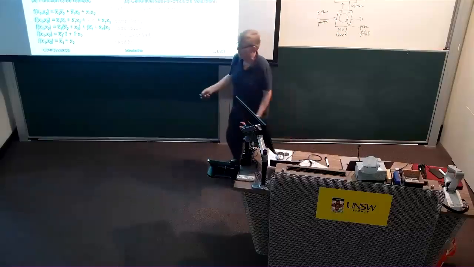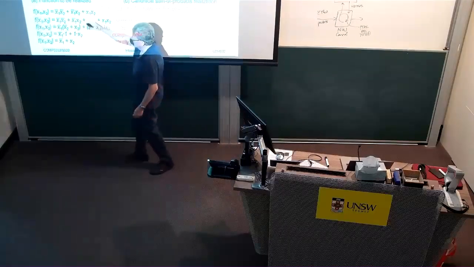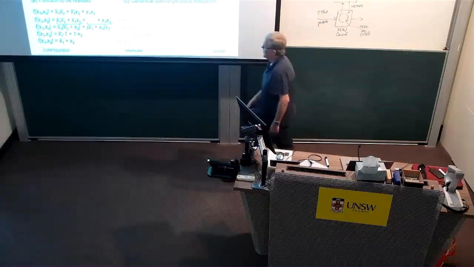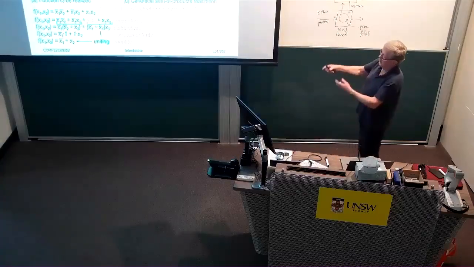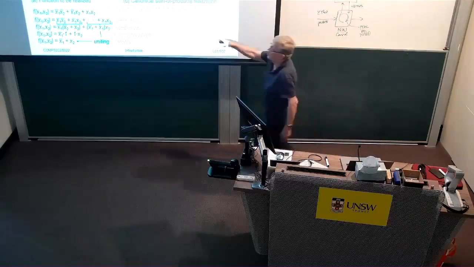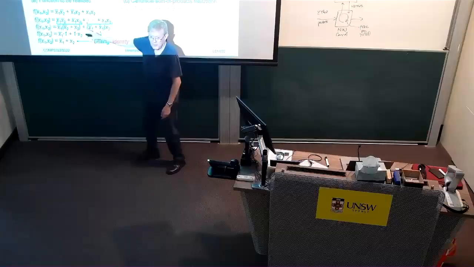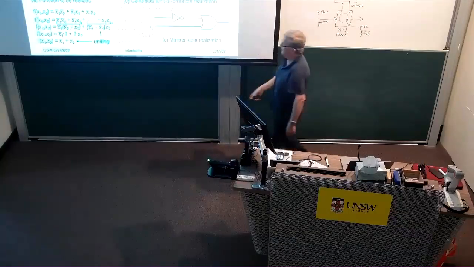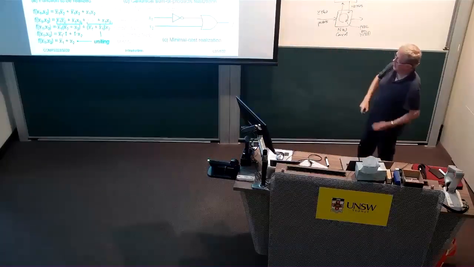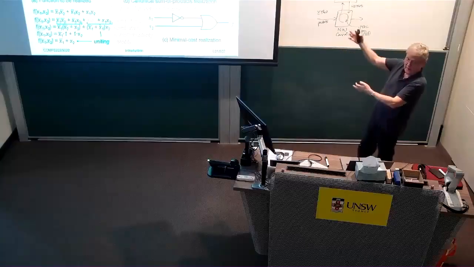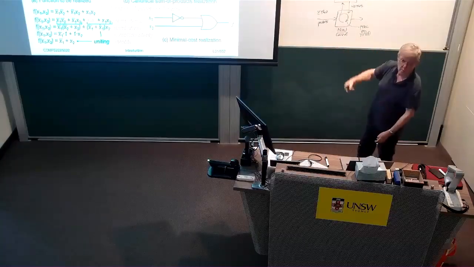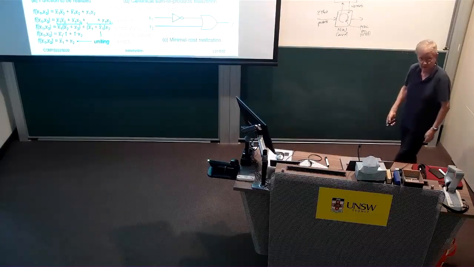Now that expression already appears much simpler than the expression up here, and you could go in one step if you could see this using the uniting theorem. The resulting circuit looks like this, and clearly that's a simpler circuit than the one above.